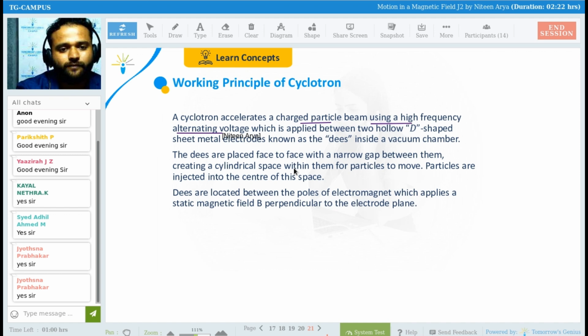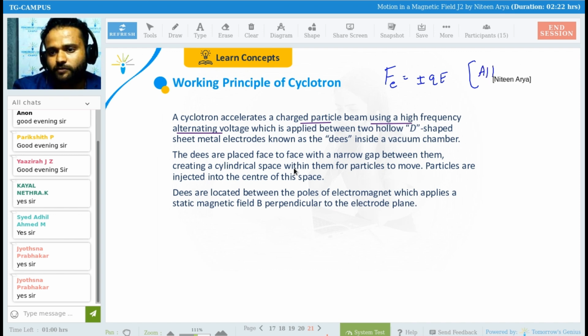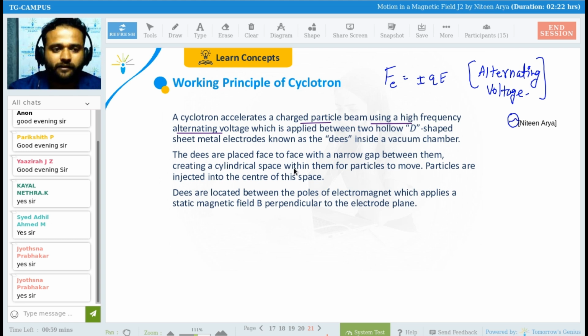So alternating voltage gives you what I'm saying now, Fe equals plus minus QE. Alternating voltage, what is the spelling? ALTER, alternating voltage. What is the meaning of this? Your voltage is alternating, positive, negative, positive, negative.